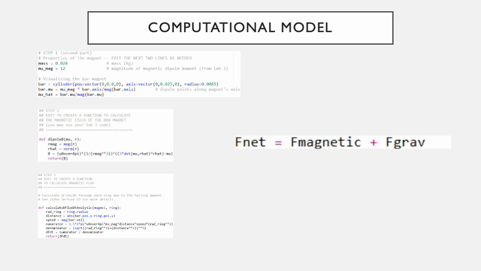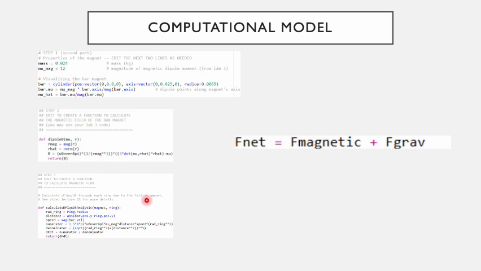Here's some code for the computational model. As you can see here, we have some of the constants and the properties of the magnet. We have the magnet's dipole moment, which is the same as from lab 3, and you can see that here.